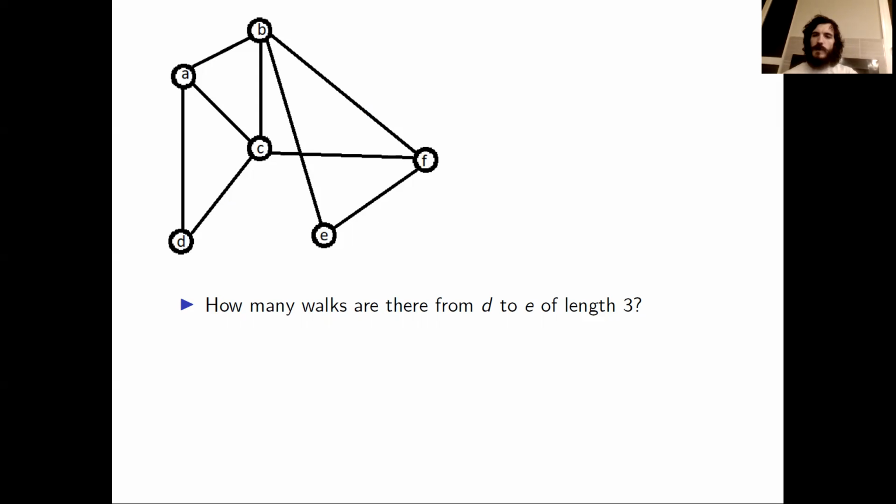If we want to answer this, we could just examine the graph, or we can calculate it with the adjacency matrix. So let's first examine it and then see if we get the right answer by checking with the adjacency matrix.